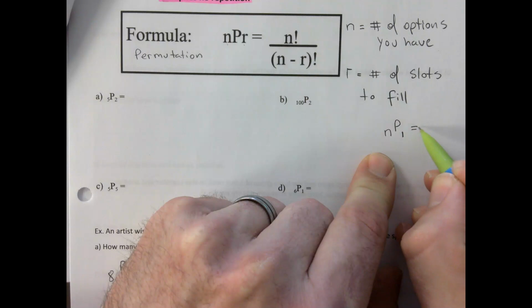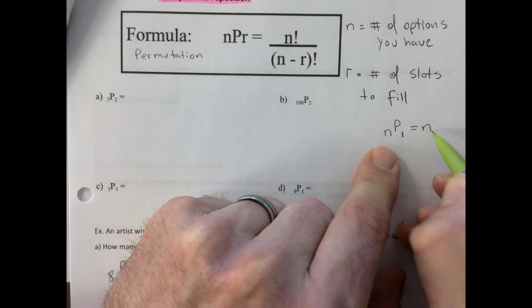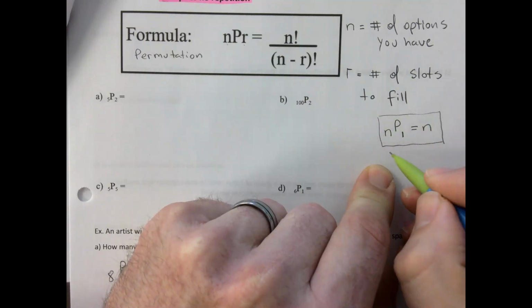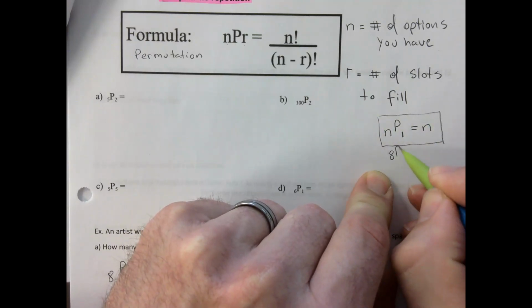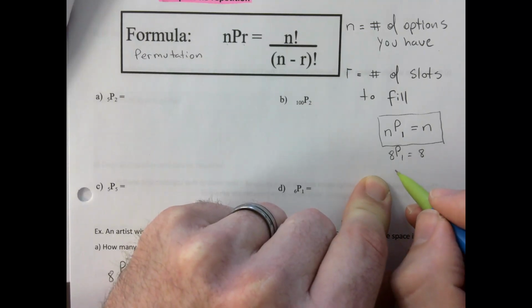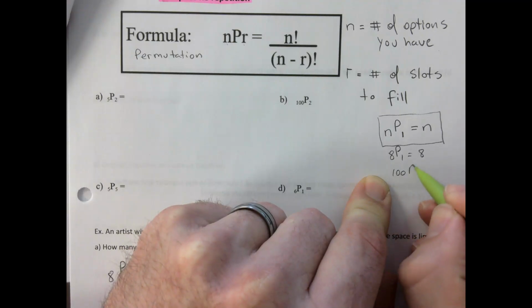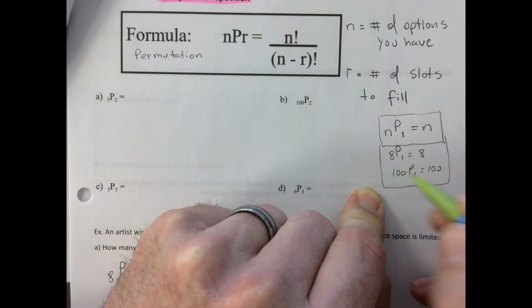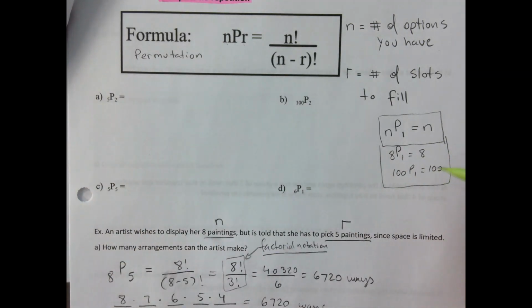You always end up with n. Okay? This is going to save you a lot of work. So if you need an example, 8 pick 1 is 8. Okay? 100 pick 1 is 100. That's what that is saying. So you need to have that on your study sheet to quickly be able to do those, because I really wouldn't want you to press all these buttons, right? 8, alpha, window, 1. Like, it just wastes too much time.